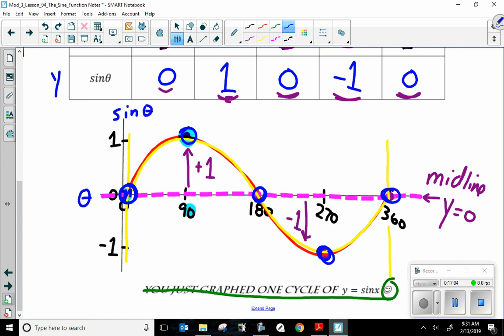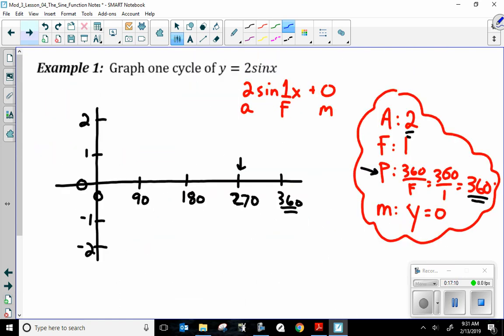So I always start by doing the first, the last, and the middle, because I know those are zeros. So the first one is at the midline, the last one is at the midline, and the middle, the midline. I know in between my first two, it goes up to my amplitude 2. And then in between the last two dots, it goes down to -2.